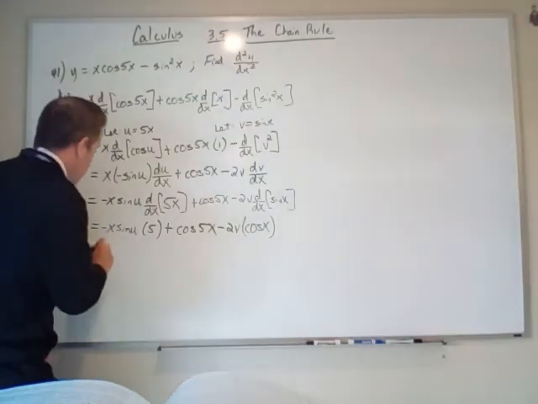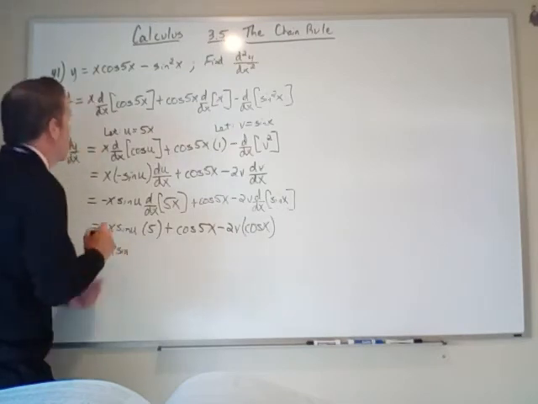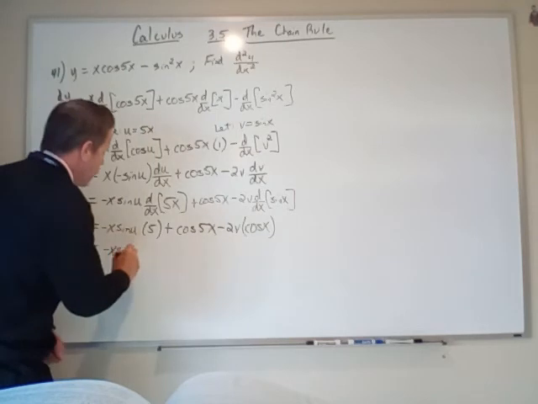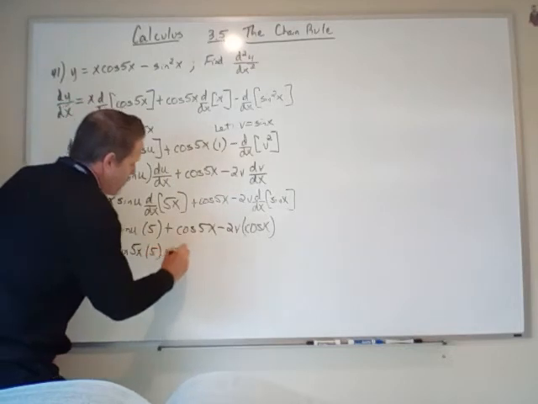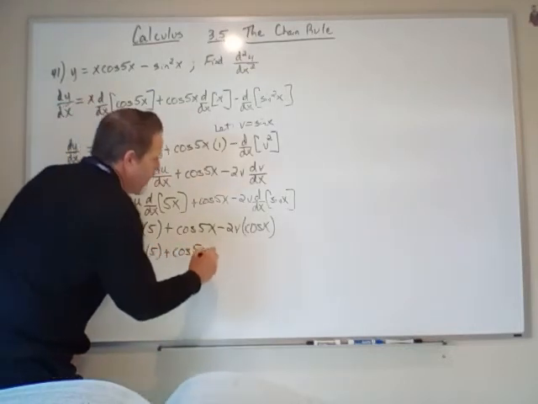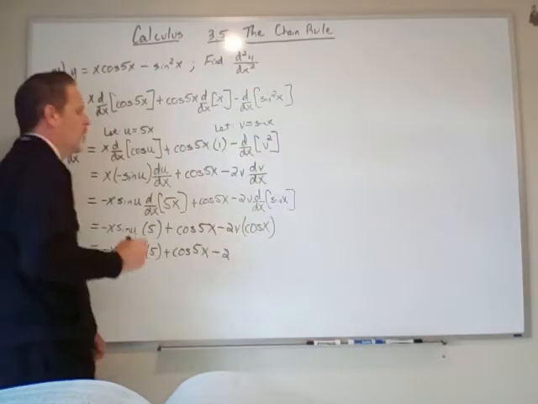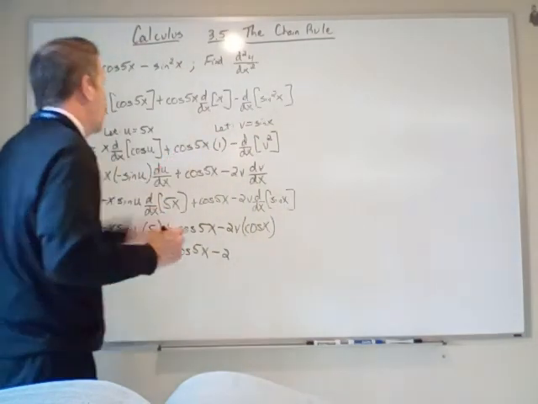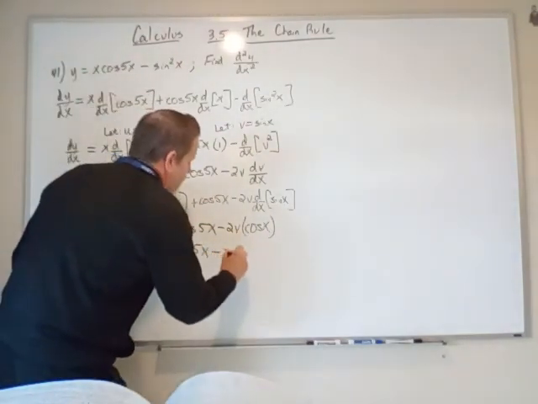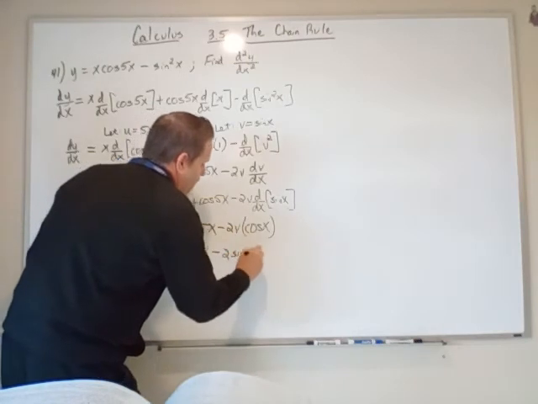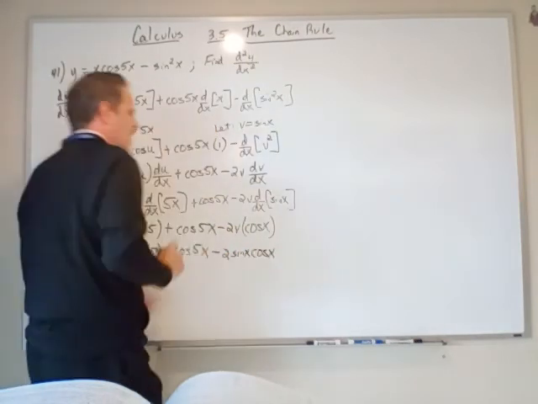So I have opposite x, sine of what was u, 5x, so opposite x sine 5x, still times 5, plus cosine 5x, minus 2, what was v? v was sine x. That means we got cosine x here.